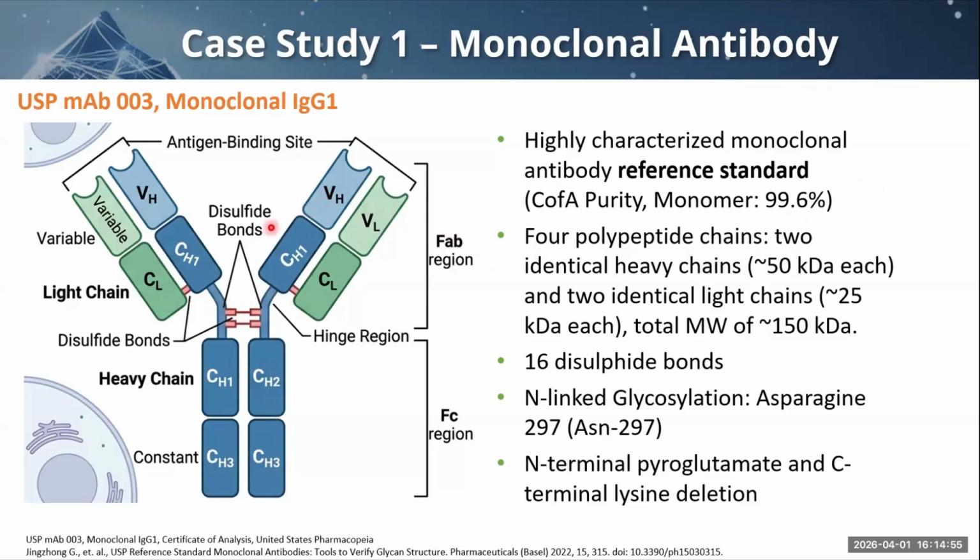You've got your 4 polypeptide chains, 2 heavy chains here, 2 light chains. It has 16 disulfide bonds, a single N-glycosylation site in the Fc region at asparagine 297, and then you have N-terminal pyroglutamate and C-terminal lysine deletions as modifications, as will be determined in the next few slides.